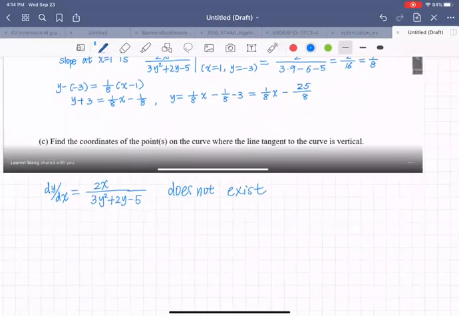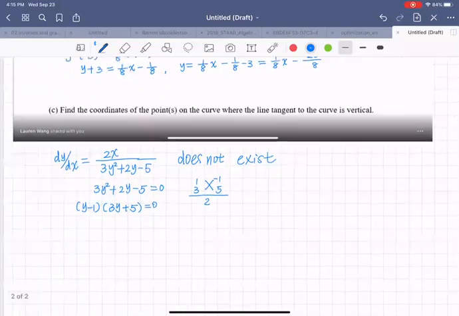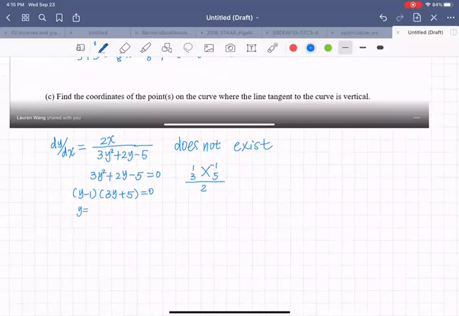So that means 3y squared plus 2y minus 5 equals 0. Now we want to solve this one. So this means (y minus 1) times (3y plus 5) equals 0. In another way, y equals 1 or y equals negative 5 over 3.